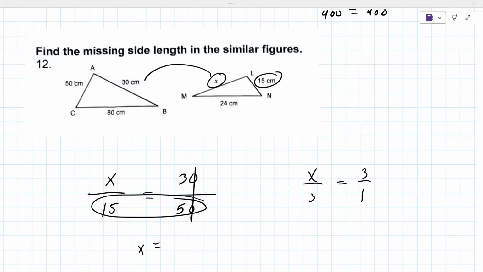So then you do 5x equals 9. X equals 1.8.